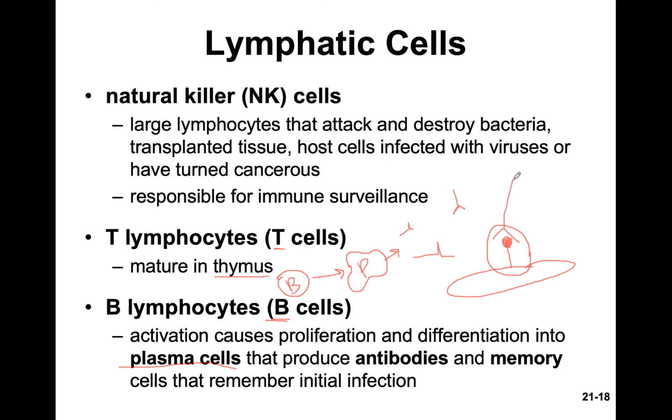Antibodies come and bind to foreign antigens. And when antibodies and antigens bind together, they set off an alarm system to tell the rest of your body, hey, we created an antibody-antigen complex. That means that this cell is bad.